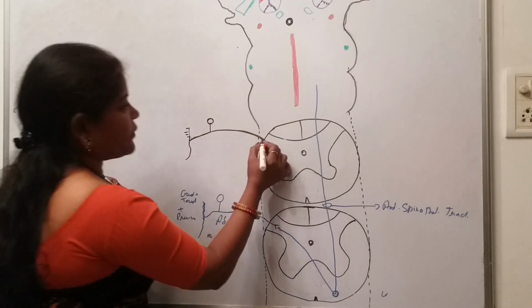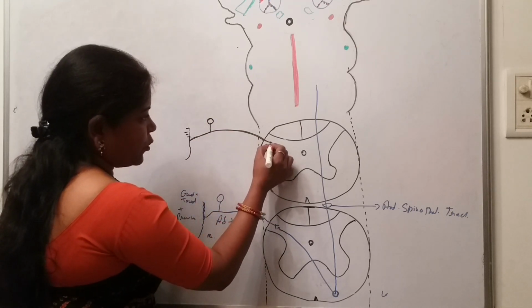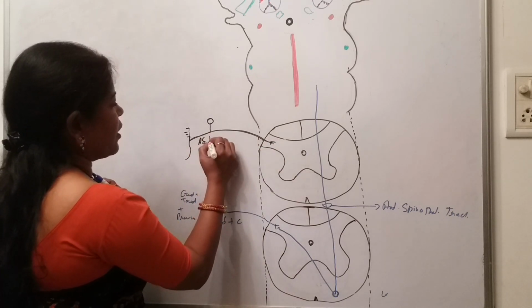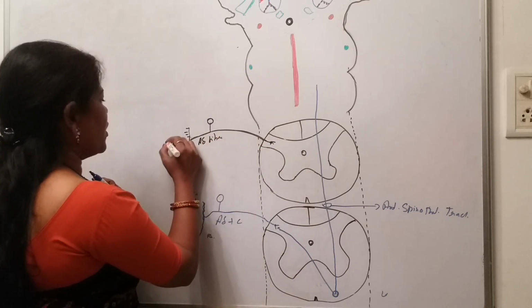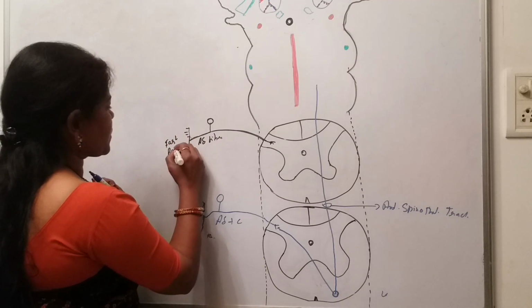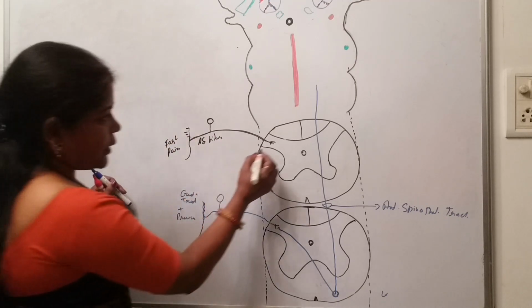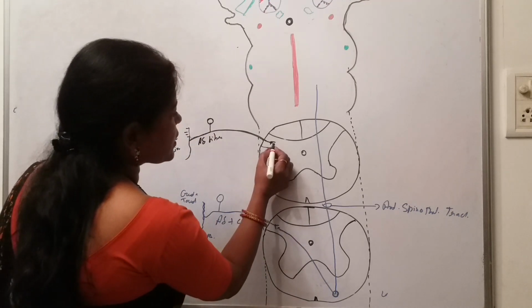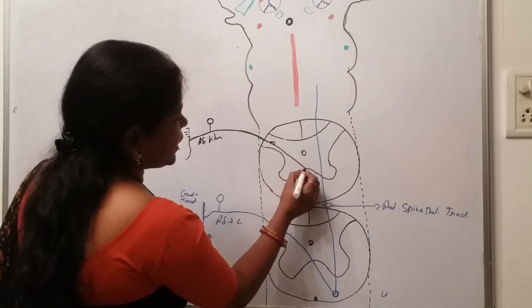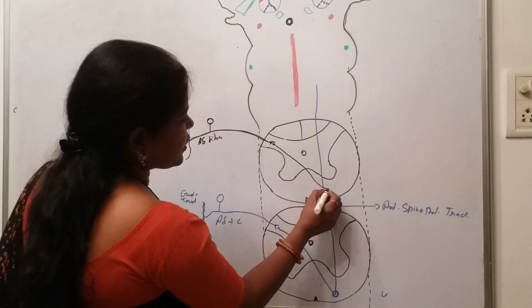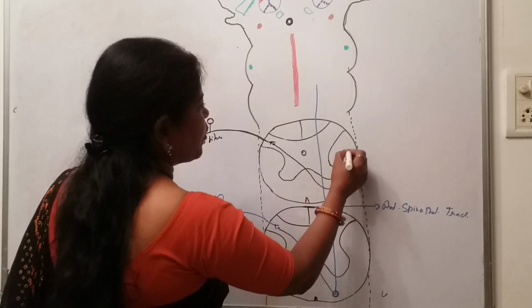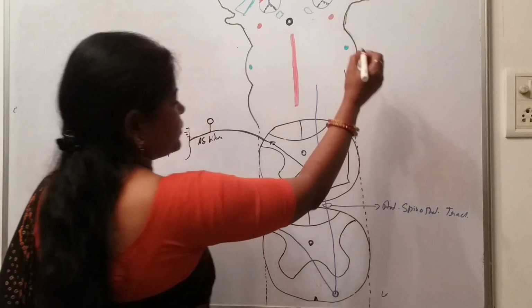So after synapsing here with the second order neuron, this A delta fiber for the fast pain, what will it do? After synapsing with the second order neuron, it will cross the anterior white commissure, and finally it will move to the contralateral side and move upwards.